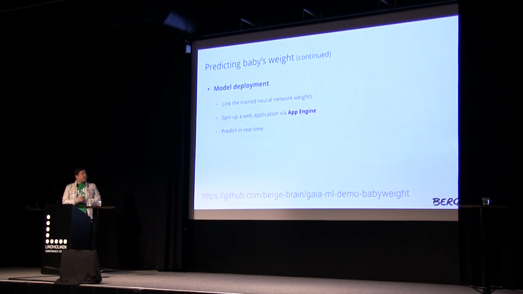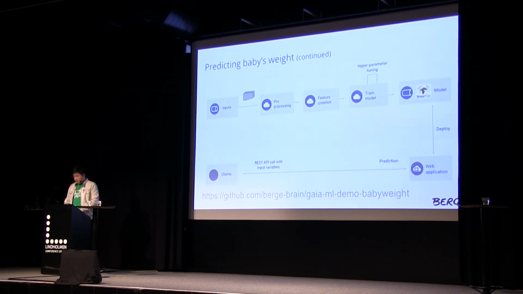As the final step, we're also going to create a front end, like a web page, which will send a JSON request to this trained model, and then we'll get the prediction data back, and we'll be able to predict a baby's weight. So this is roughly the workflow.